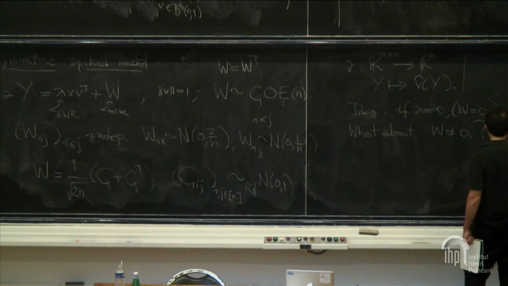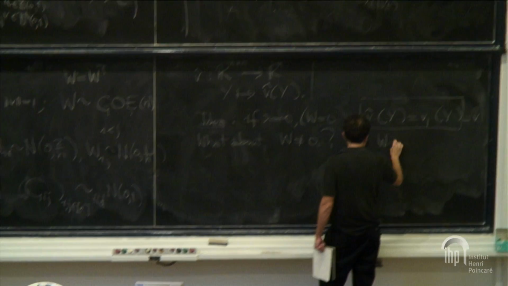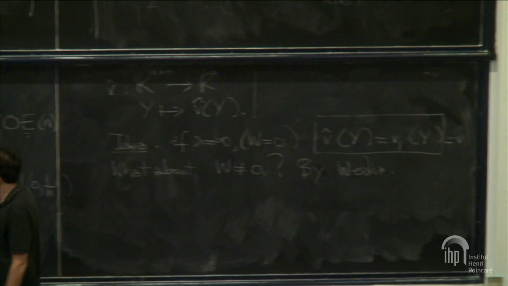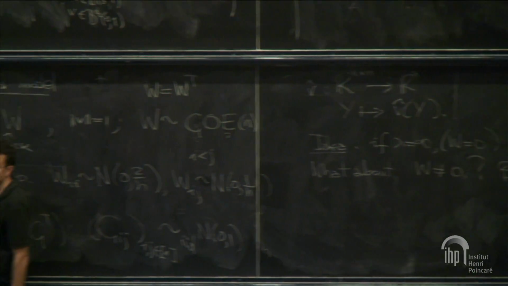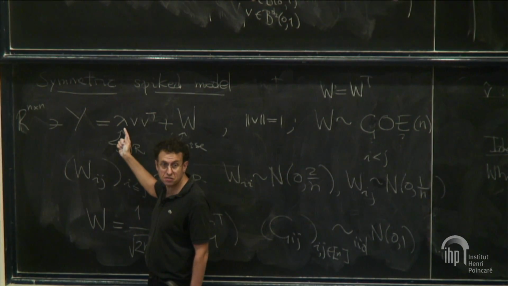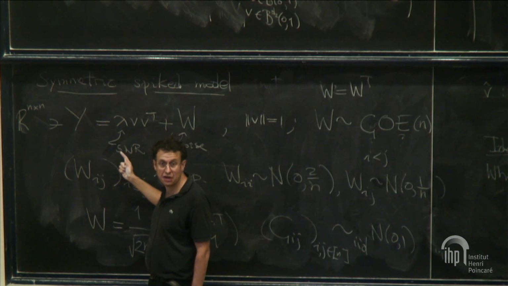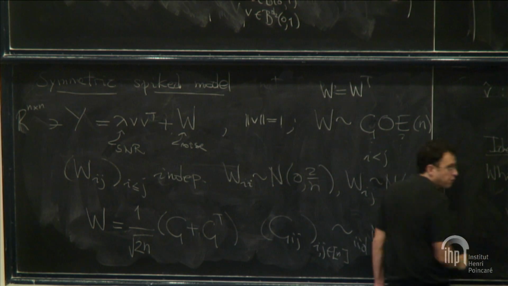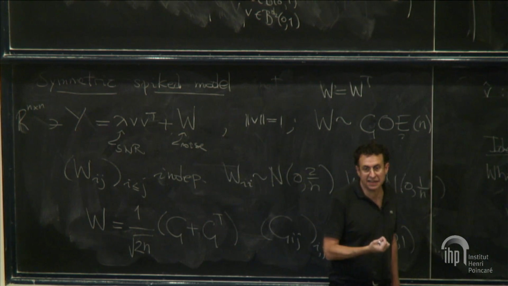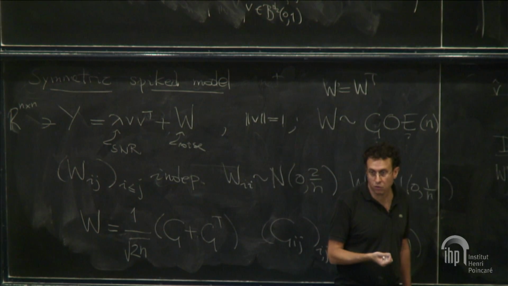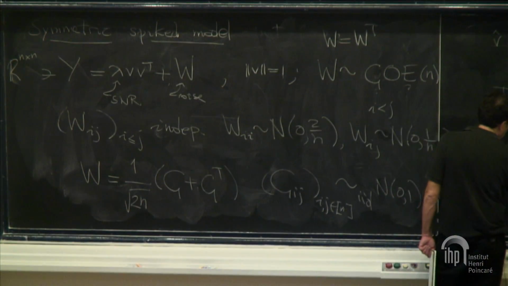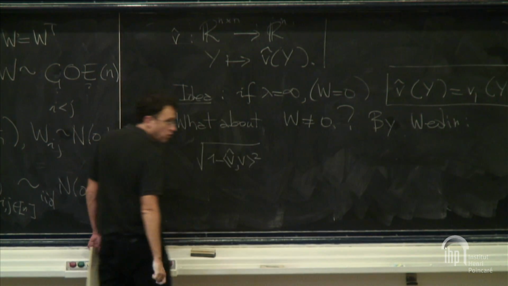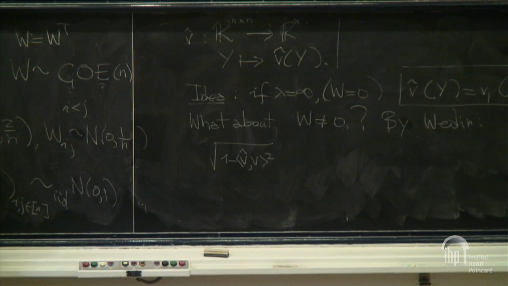Now we compute the eigenvector of the perturbed matrix, and we want to compute how close it is. So what does Wedin's theorem tell you? It tells you something about the distance between the first eigenvector of the perturbed matrix and the first eigenvector of the unperturbed matrix. What is the distance? If you remember, we computed explicitly the distance in the case of rank 1, k equal 1. It was exactly 1 minus the square of the scalar product of V hat and V. This was the operator norm of 1 minus P0 times P1.